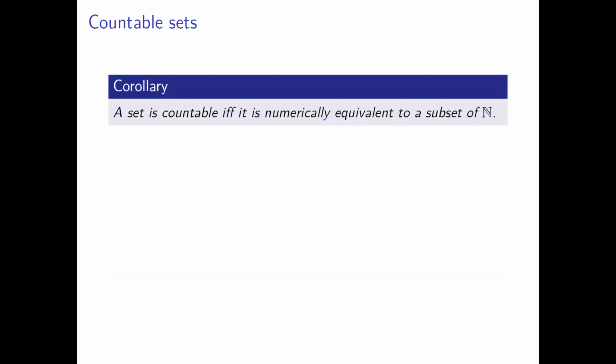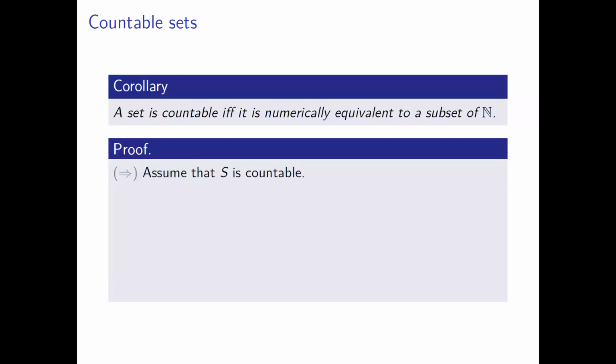The following is a consequence of the previous theorem. A set is countable if and only if it is numerically equivalent to a subset of the set of natural numbers. To prove, assume first that the set S is countable.